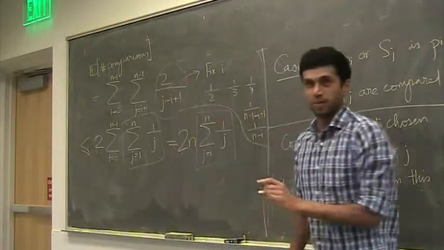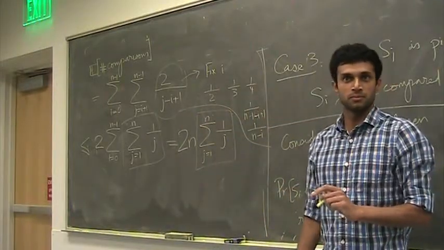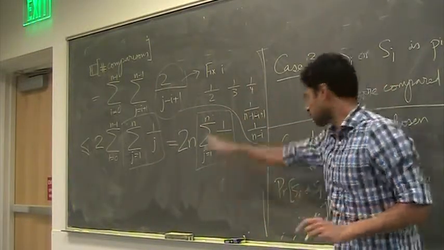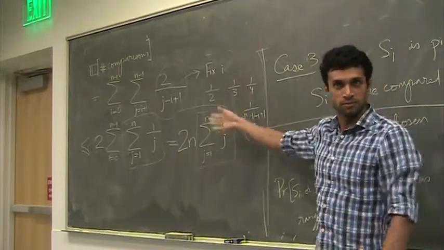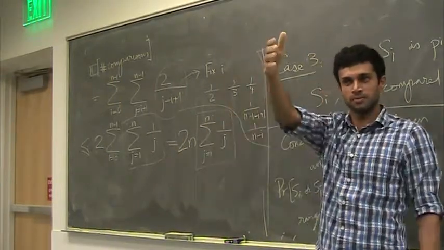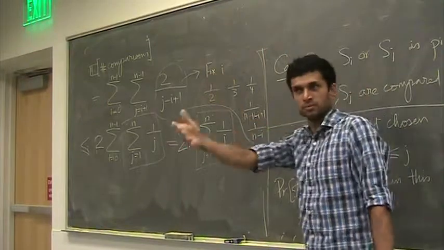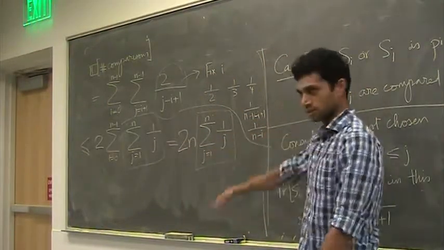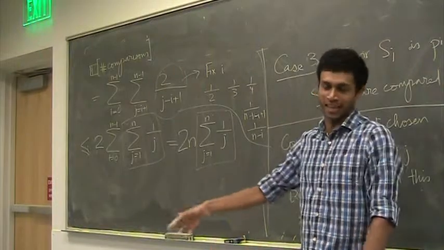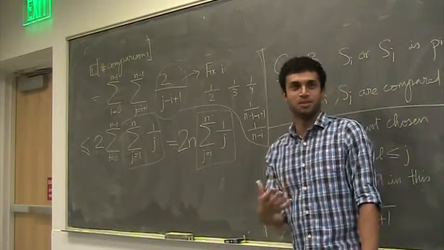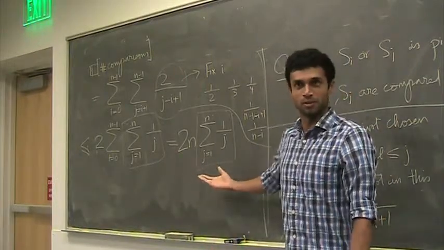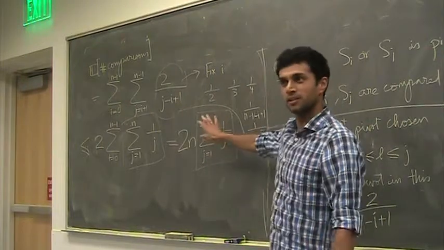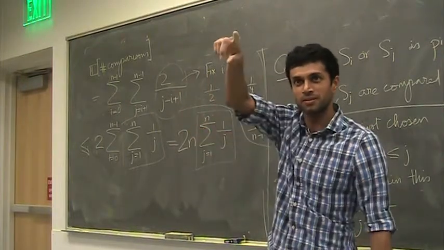This thing has a name. It's the sum of reciprocals. Harmonic series. The thing is the harmonic series, and this is the harmonic sum. How much is this thing? Well, you can say it's the nth harmonic number, but what is the nth harmonic number? You guys know what this thing roughly is? Is it e?